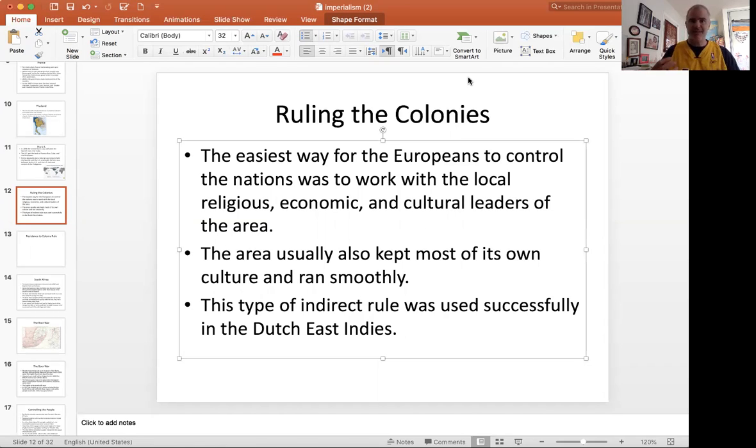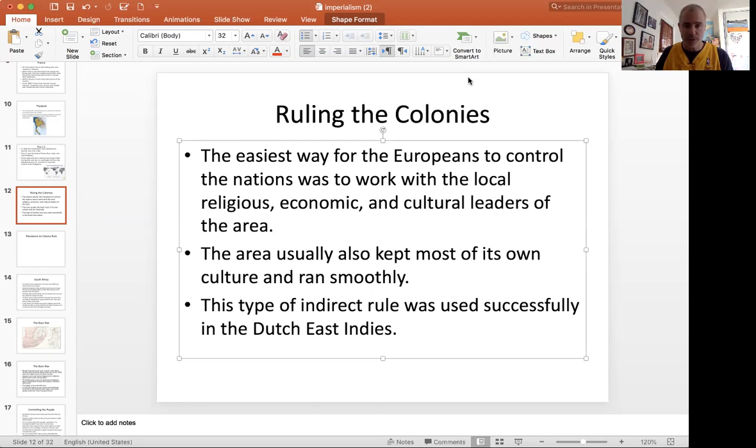This was easier for European countries, instead of having to fight with the local population, which would cause some loss of life and would also cost money. Wars are very expensive. And then send in a police force to police these people for the foreseeable future. The best alternative for the Europeans and oftentimes for the local people was for the local people to cut a deal with the Europeans.